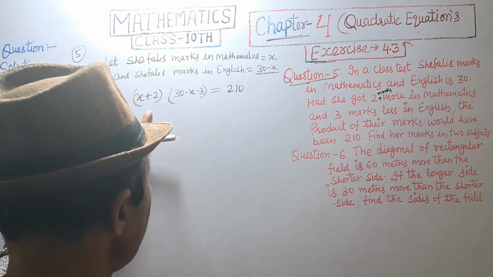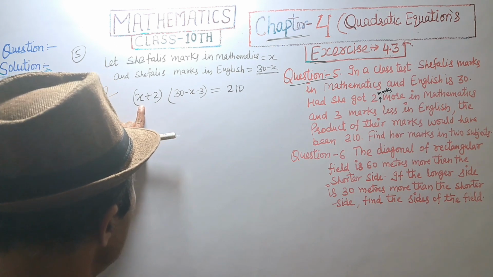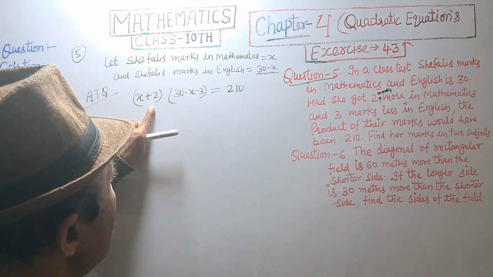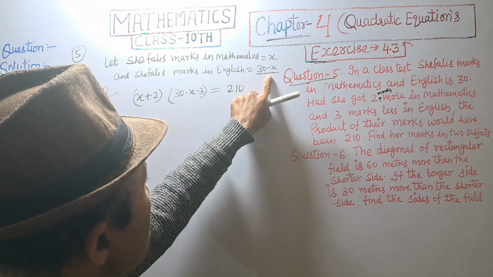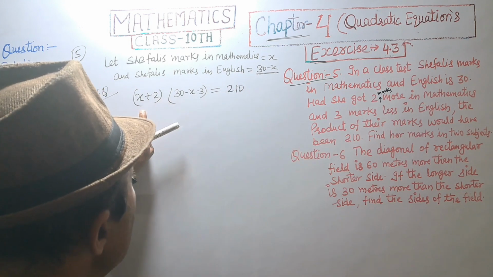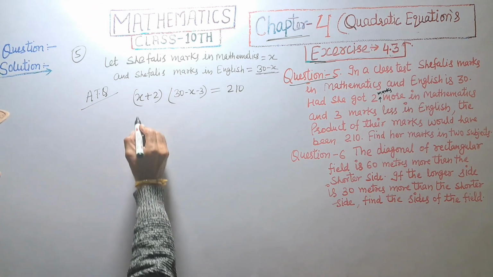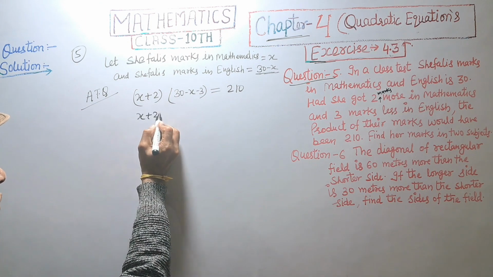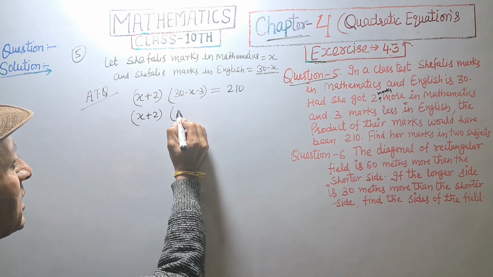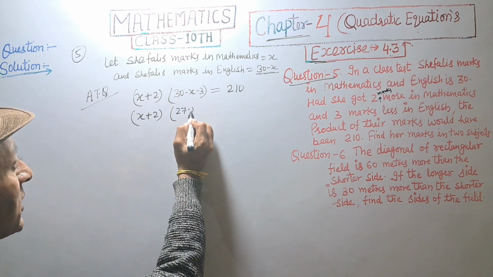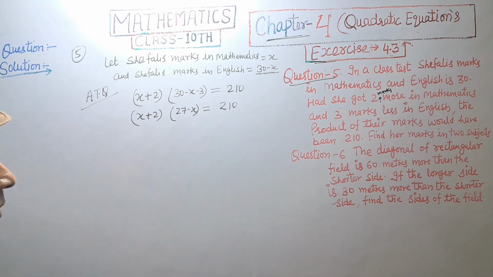According to the statement, x plus 2 into 30 minus 3, that is 27, minus x, is equal to 210.